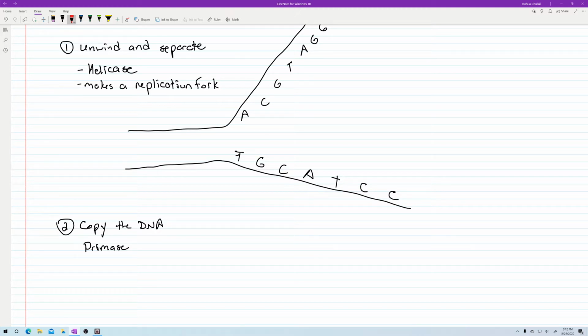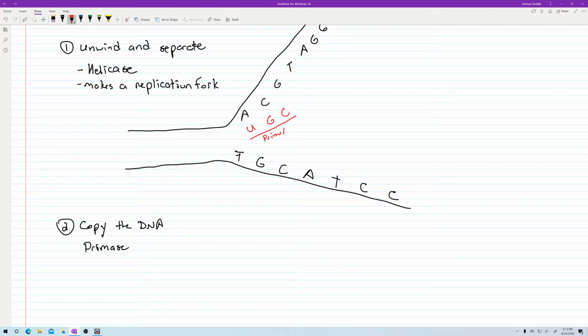Okay, so remember, in RNA, there's no T, so there's U. So U, G, C. And let's just say this is our primer. Okay, so this is the primer.